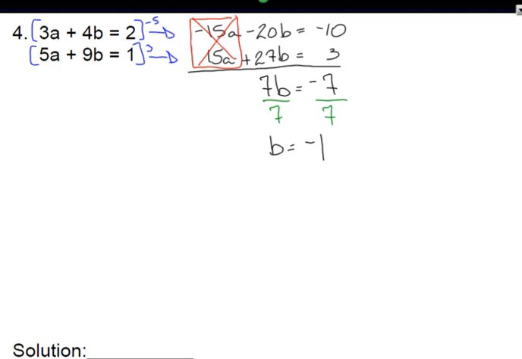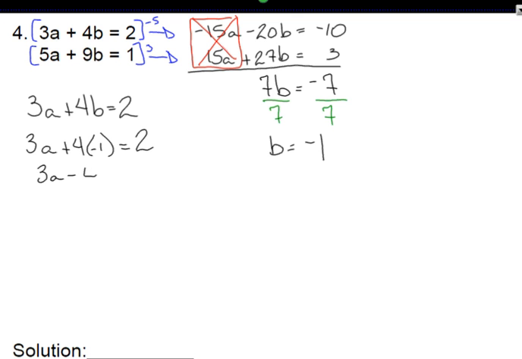Now I have to go back and choose one of my two original equations. I'm going to use the top one, the 3a plus 4b is equal to 2. So I have 3a plus 4 times negative 1 is equal to 2. 3a minus 4 equals 2.